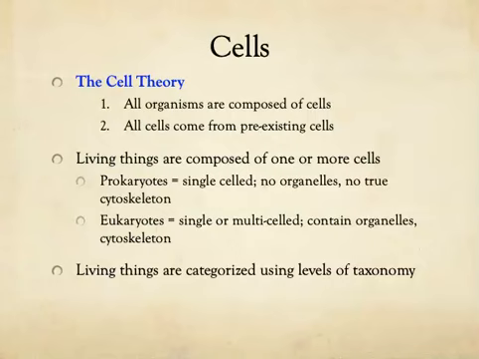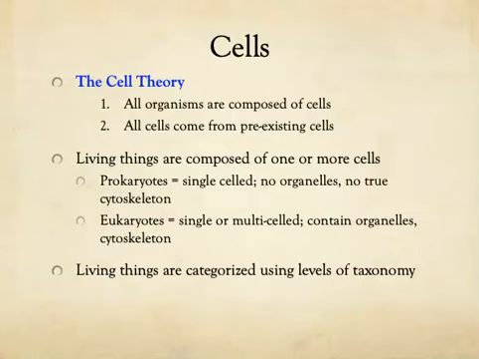The cell theory has two parts. The first statement says that all organisms are composed of cells. The second statement says that all cells come from pre-existing cells.